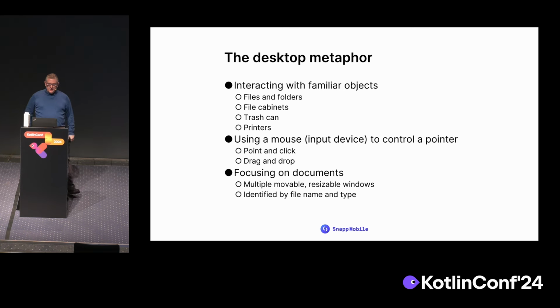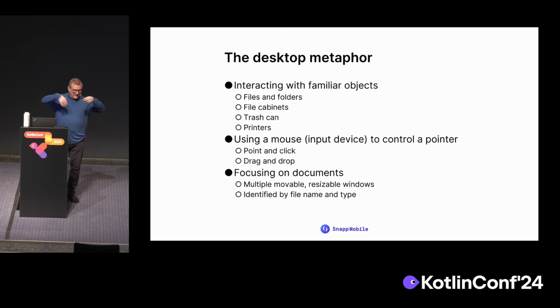All these graphical user interfaces were implementing a thing we call the desktop metaphor. That means interacting with familiar objects like files and folders, file cabinets, trash cans, and printers. Now, you probably are going to argue that these days we surely don't use file cabinets anymore. While that's certainly true, file cabinets were pretty common in the office environments in the 1980s.